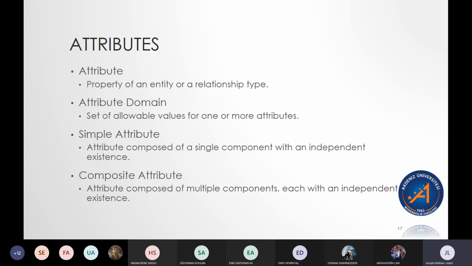But what if each of those parts of the address needs to have its own domain, right? So we don't want a postal code, like let's say somebody lives in Turkey. We don't want to have a postal code that does not exist in Turkey. We don't want them to use some postal code that doesn't exist.